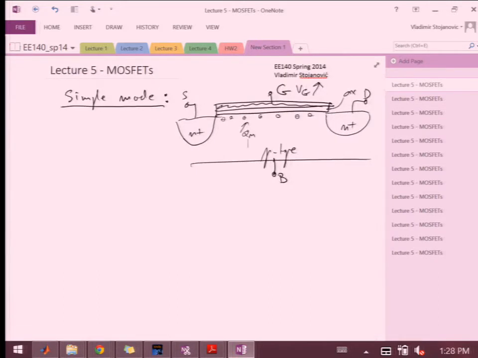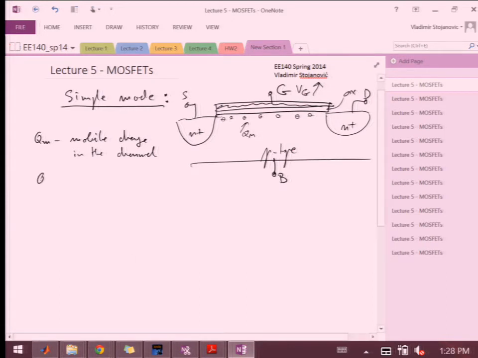So to do that, we're going to define QM, which will be the mobile charge in the channel. Now notice, acceptors are not mobile charge. Only these minority carriers that get attracted to the surface are the mobile charge.